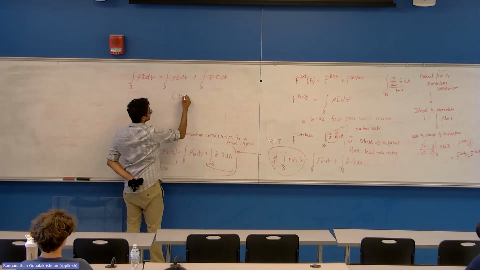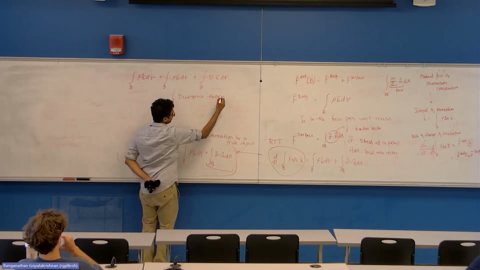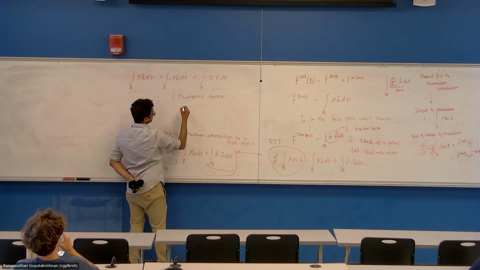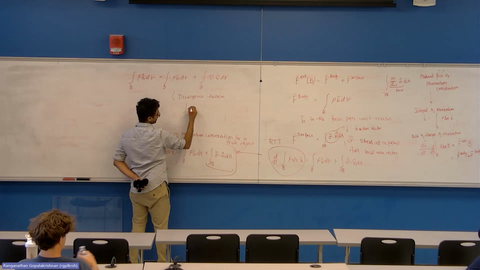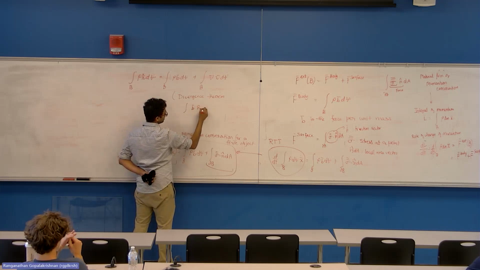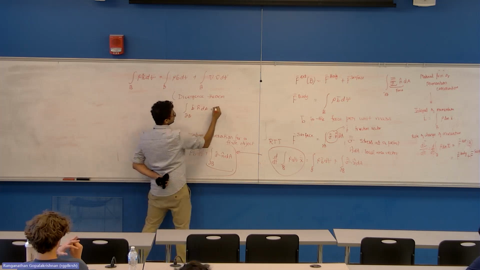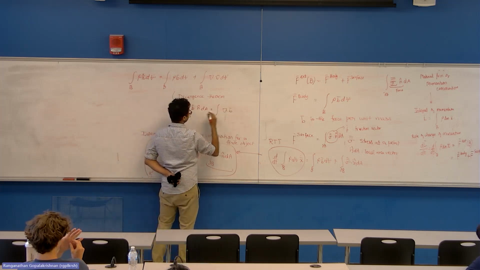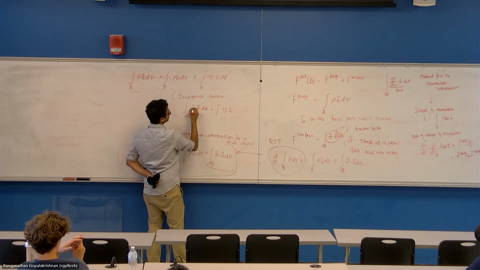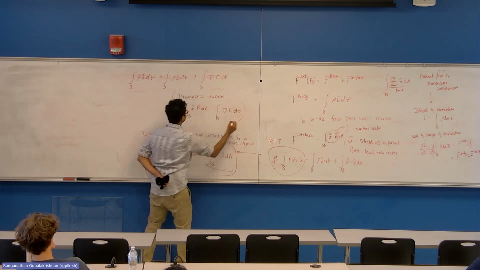We used what is called the divergence theorem, which we saw very briefly in unit 1, which is to say the integral of b dot n dA over the surface is equal to the integral of the divergence of b dv across the volume.